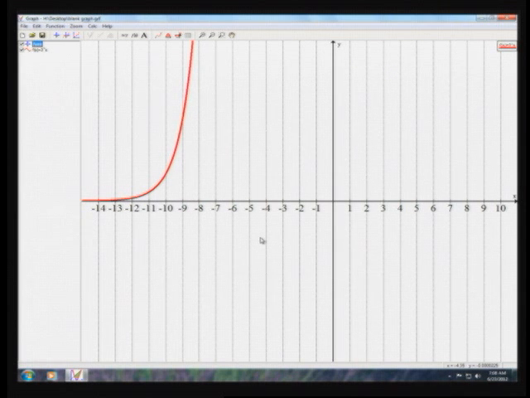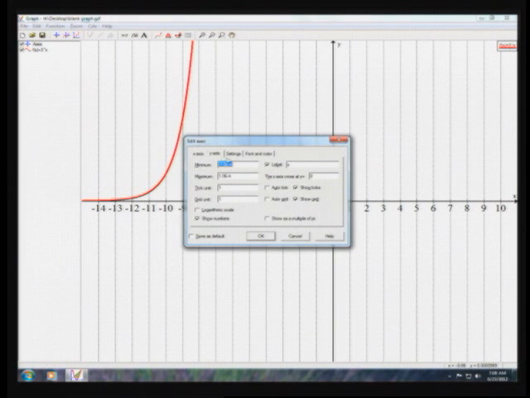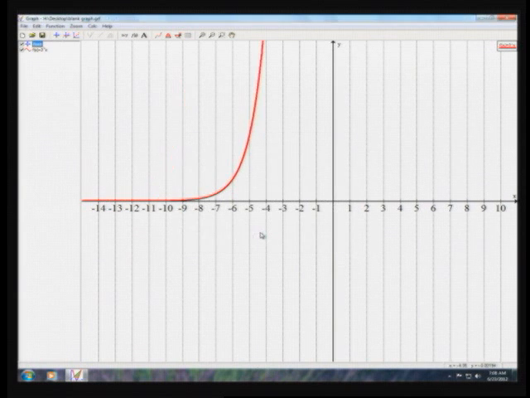It's still above the x-axis. Let me just tweak the window a little bit more. Make my y something like negative 0.01 to positive 0.01, which is a little wider window. And when you see that, you start to see more of the graph.